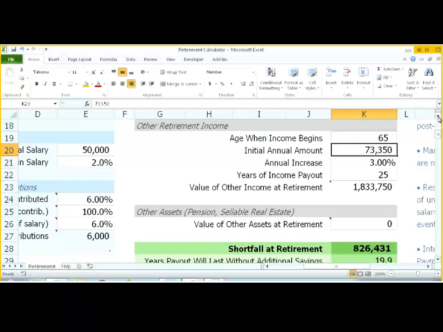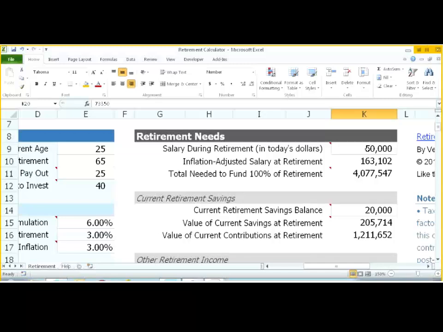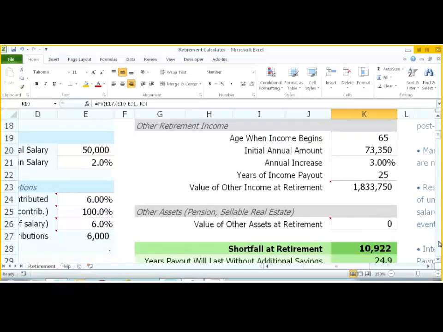Oh, that's because I decreased the wrong thing. That's my income. If I decreased my salary during retirement, if instead of $50,000 in today's dollars I could live off 20% less, then hey, I'm only $11,000 short.